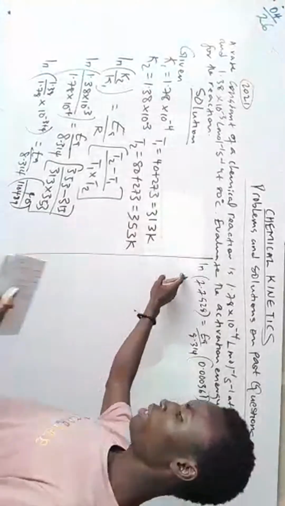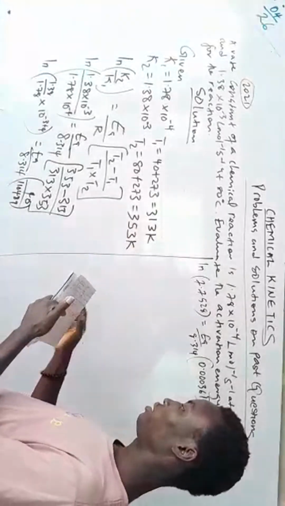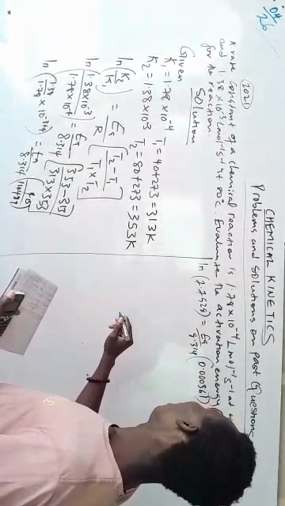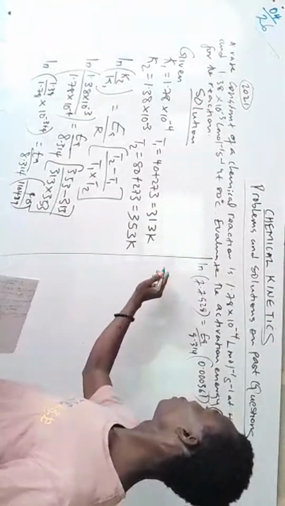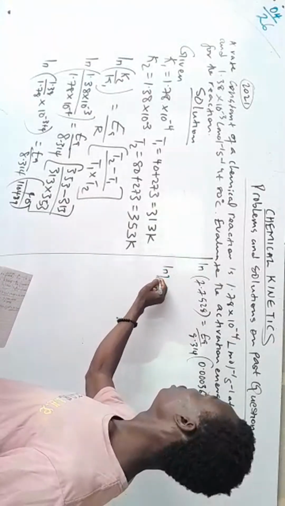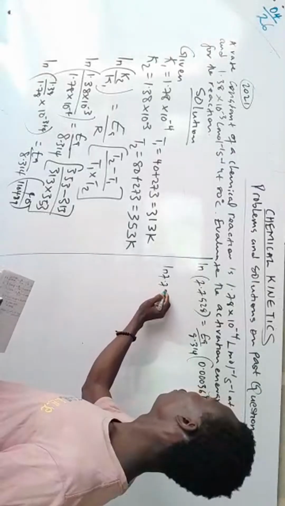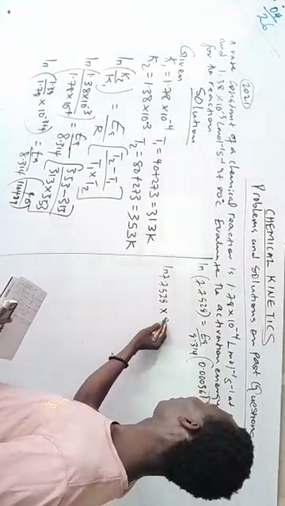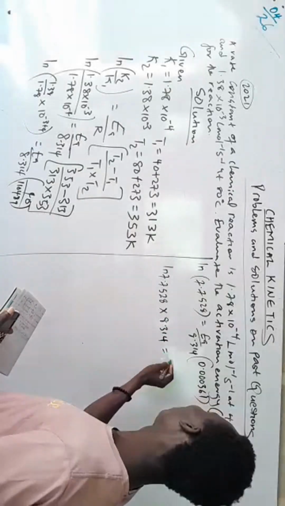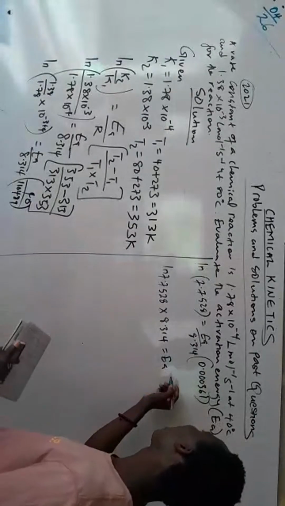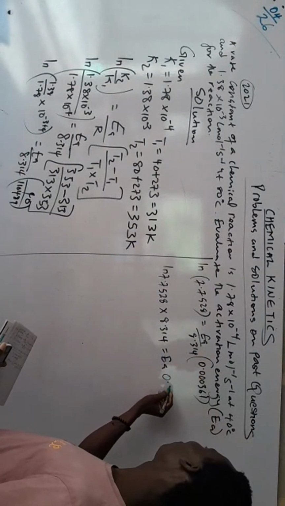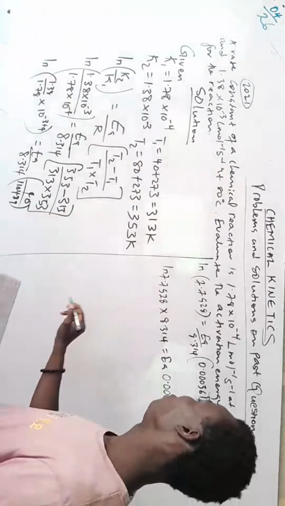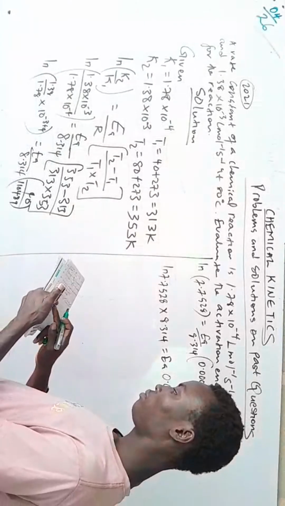Now from here, if you cross multiply, you still have ln 7.7528, then multiply by 8.314 equals EA, followed by this, multiplying this to give you 0.000361.